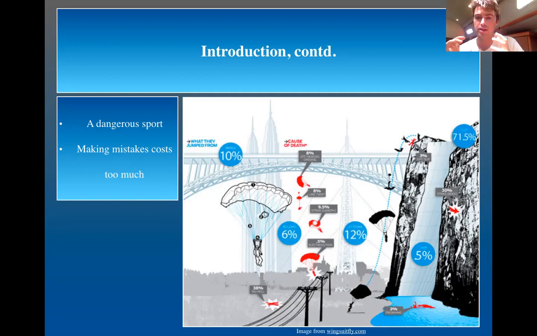When people are putting their lives on the line like this, there should be a Google Maps for people jumping off a cliff saying, hey, this is the safest route to go. Watch out for this thing. Hang a right here. Rather than the state of the art today, which is basically just eyeball it and go for it.